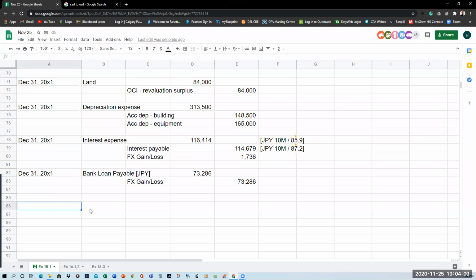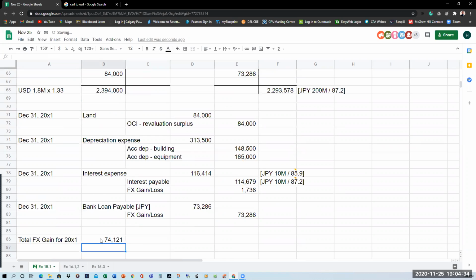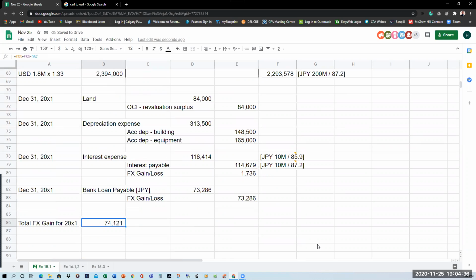So the total FX gain for 2001 is basically $73,286 plus $1,736 minus the loss of $900. So that's 74,121.